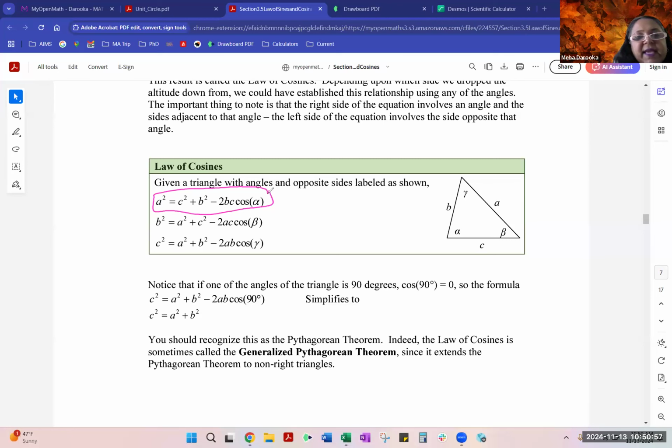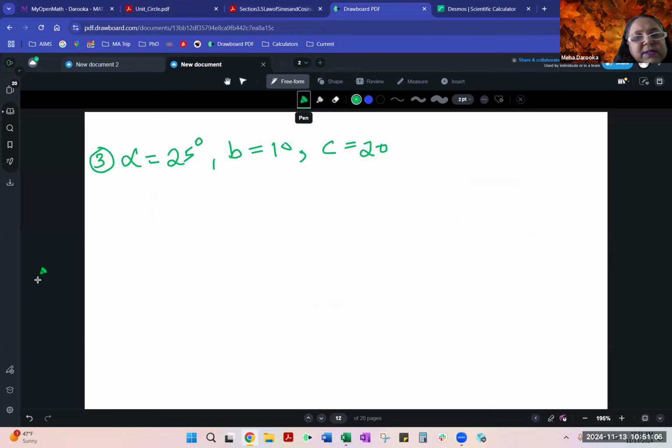So we are trying to find A squared. Let's take a look at that. Since we are trying to find A squared, we have B squared and C squared, which are known to us, minus 2 times B times C. And then, of course, you're multiplying that with cosine of alpha.